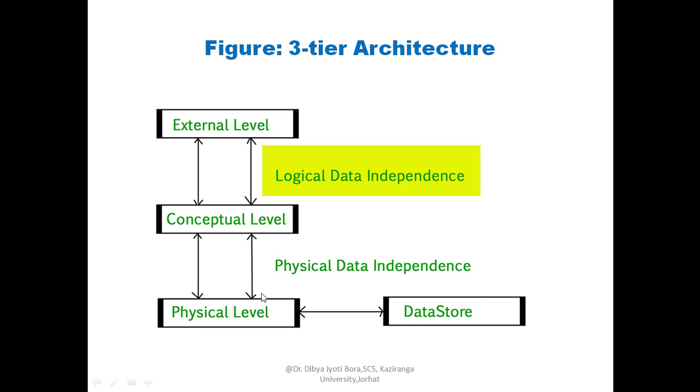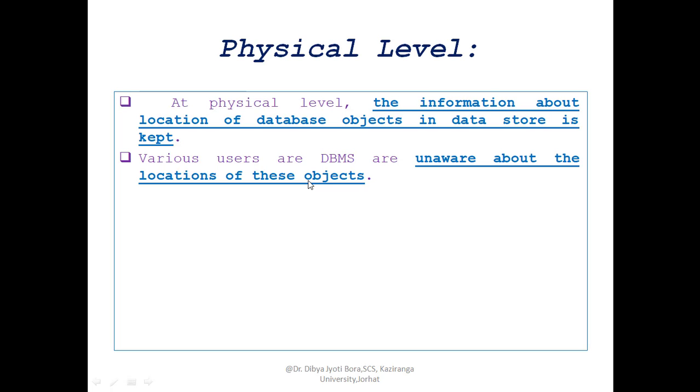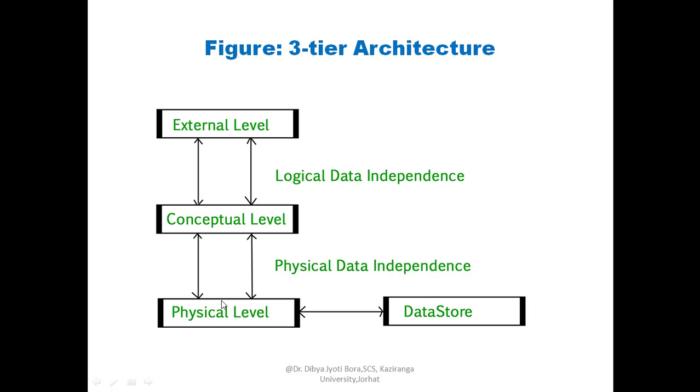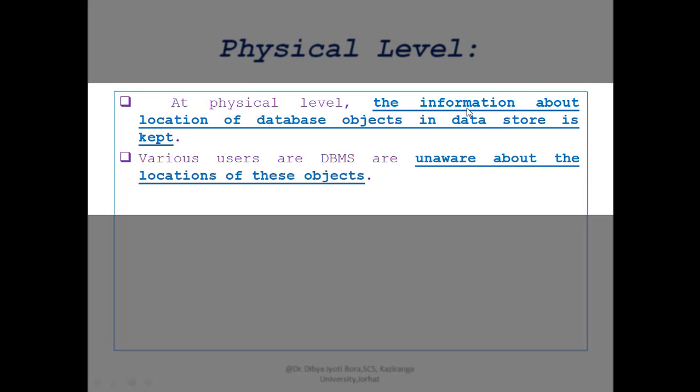So let's discuss each of these levels in detail. The first one is the physical level. From the diagram, you have seen that the physical level is linked to the data store. At the physical level, the information about the location of database objects in the data store is kept.